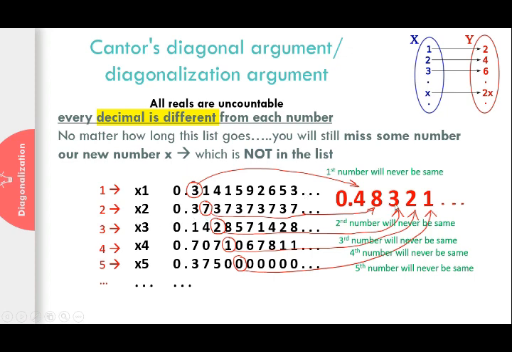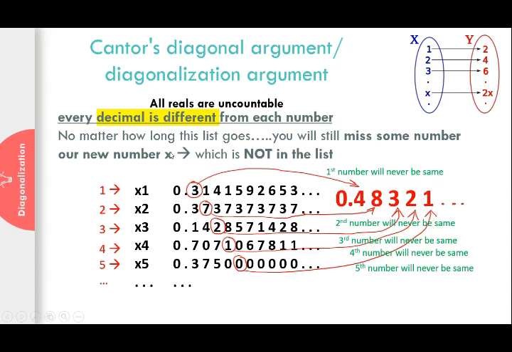It also guarantees that this number will never be the same as the third element, because its third place is different from the third element. Any nth number will never be the same, so this number is new.